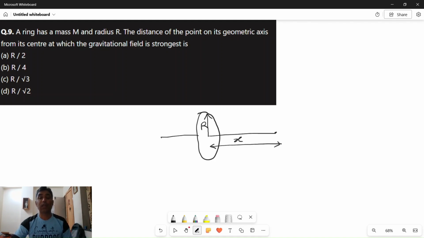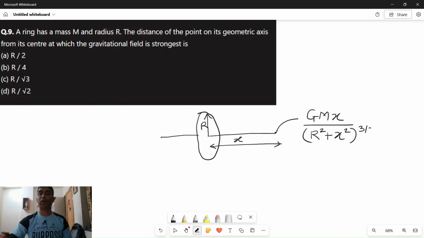Here the gravitational field is a very standard relation: GMx divided by (R square plus x square) whole raised to 3 by 2, and the direction is towards the center.